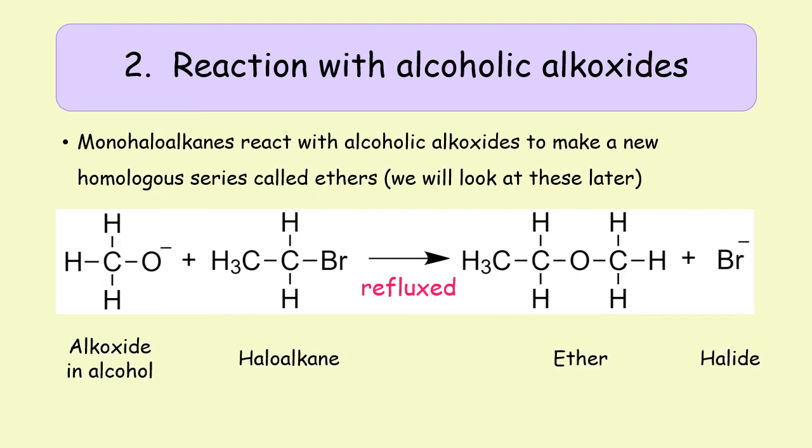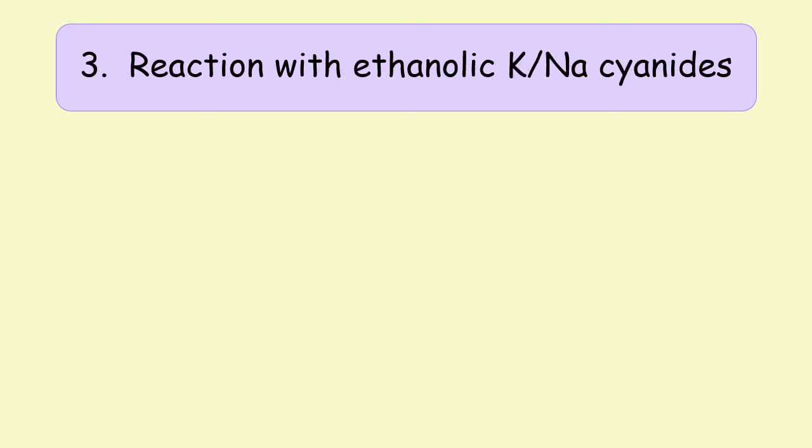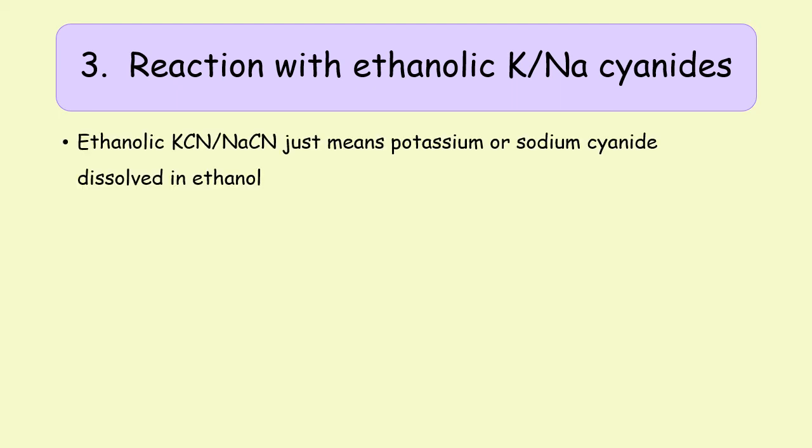And ethers are really important solvents when it comes to processes like recrystallization, which is a purification technique. So again, for the substitution, all you do is take the ion that you had and replace the halogen with that ion.